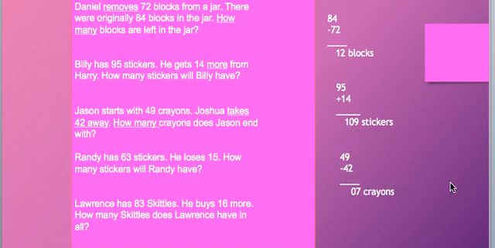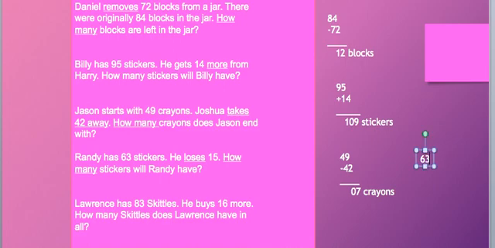Okay. My next one says Randy has 63 stickers. He loses 15. How many stickers will Randy have? So loses, that's a key word for me that I'm going to underline, as well as how many. That indicates to me that I need to subtract. Loses is a key word for subtraction. So I will do that right over here.